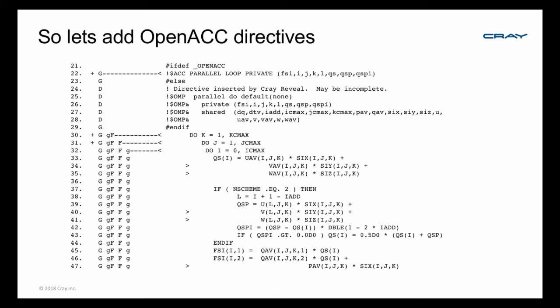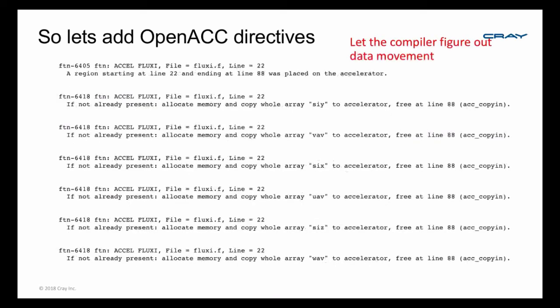Now, a point here. This is where I removed the array syntax. Now, this is much better on the accelerator as well. But at the end of the listing, it tells you that the region starting on line 22 and ending on line 88 was placed on the accelerator.